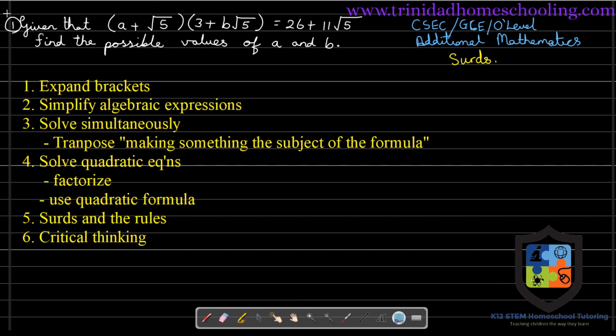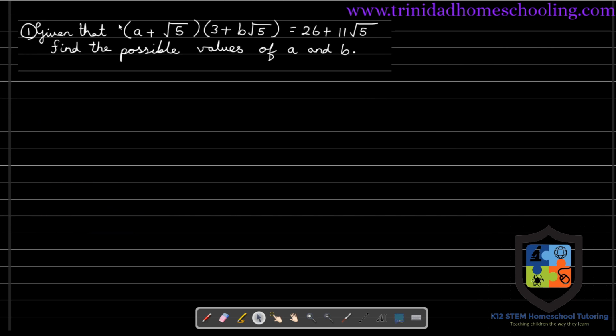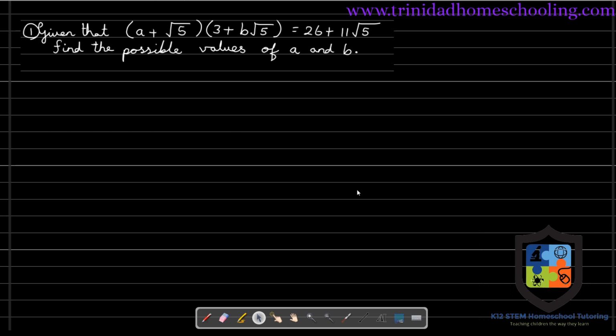So I'm going to take this question here and put it on a new page. The first thing we want to do is expand these brackets. So I'm going to rewrite this part here: a plus the root of 5, multiplied by 3 plus b multiplied by the root of 5.